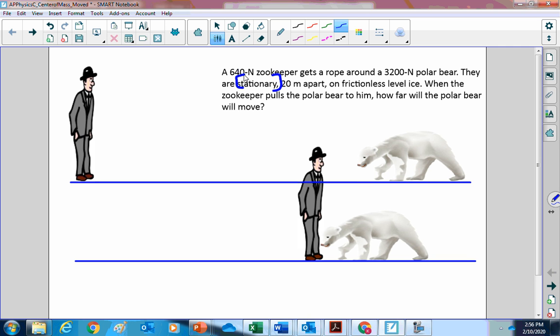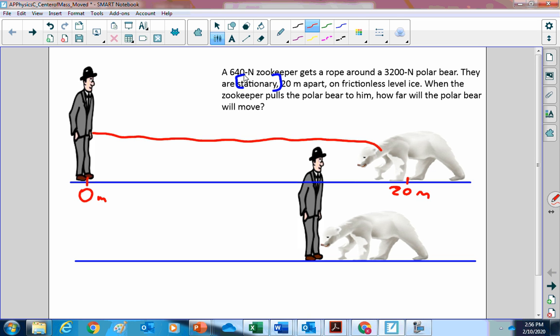And I guess we have a rope, so this guy's going to get this polar bear with a rope. But they are separated by 20 meters. Let's put the man at 0, and we can put the polar bear at 20.